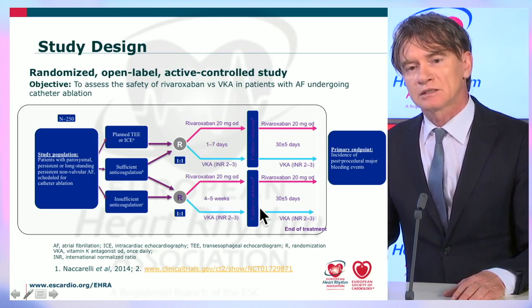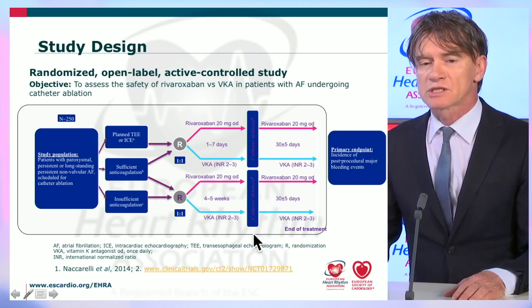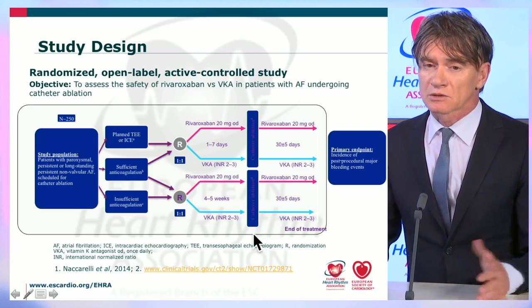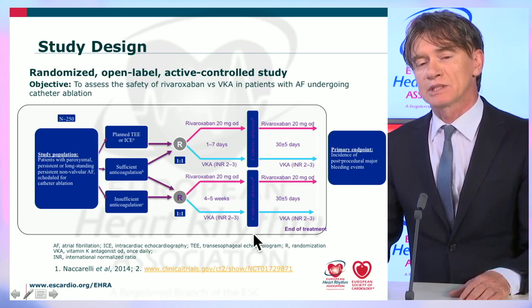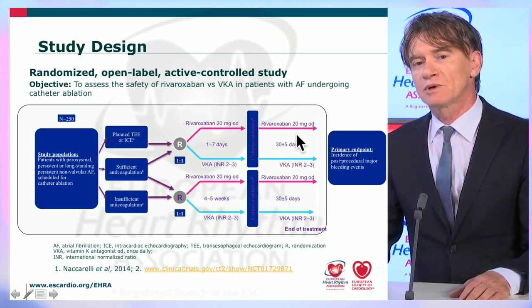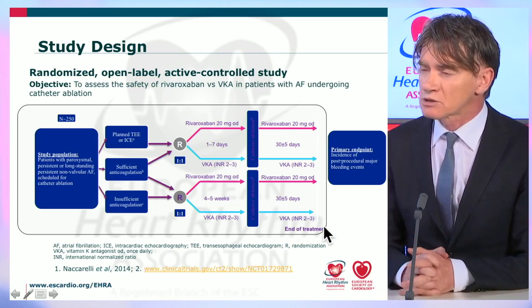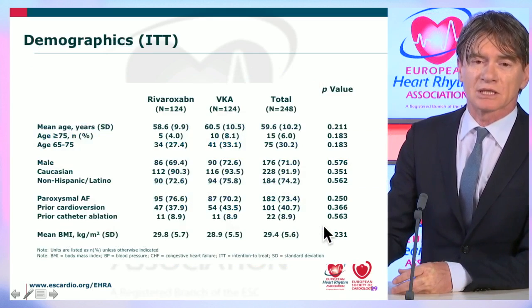After catheter ablation, during which intravenous heparin was administered according to the standard strategies by participating centers, patients were left on the assigned drug treatment and were followed for 30 plus or minus a few days, after which end of study was declared.